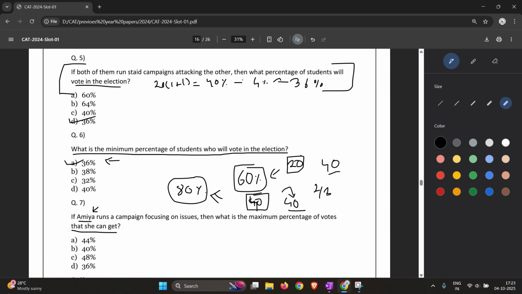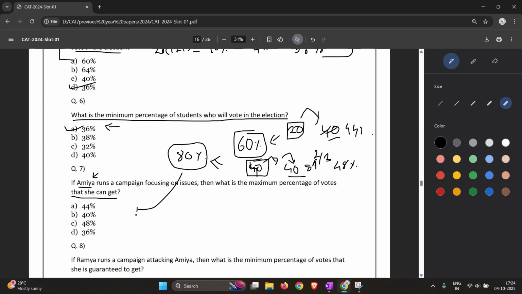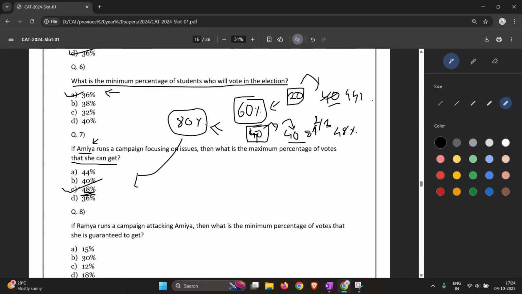In this case, 20% of 20 would have only been 4%, so Amya would have only gotten 44% of the votes. But in this scenario, she will get 8% more votes. So overall 48%. So that's why for this, the correct answer is 48%, Option C.